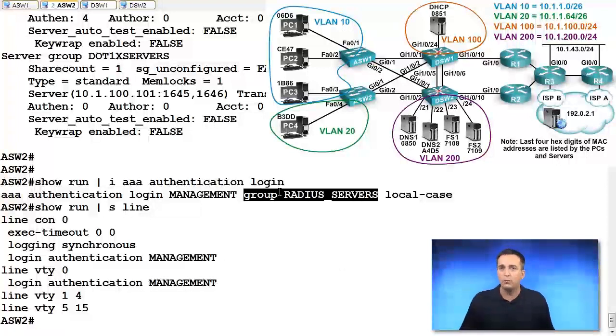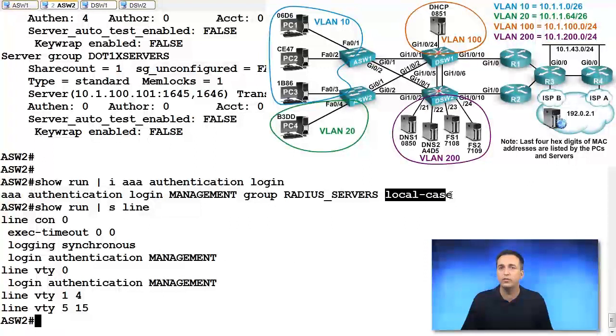However, if the Radius server is not accessible, what do I mean by not accessible? Well, it means that this switch, ASW2, cannot contact the Radius server at 10.1.100.100, then it goes and checks the local database. That's what this means, local database.